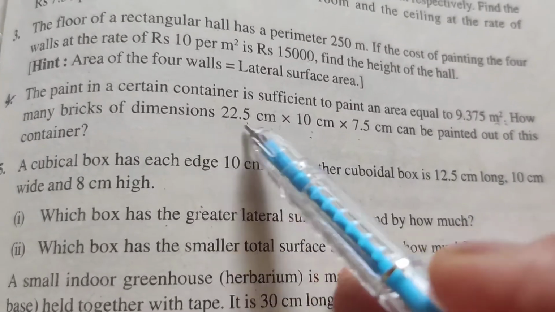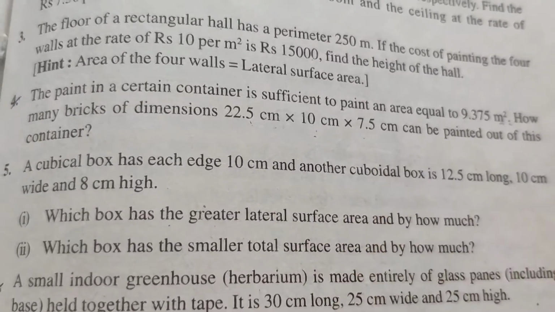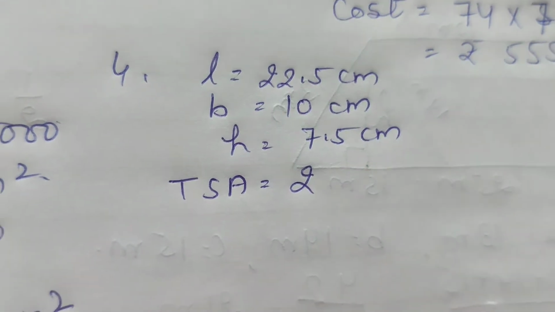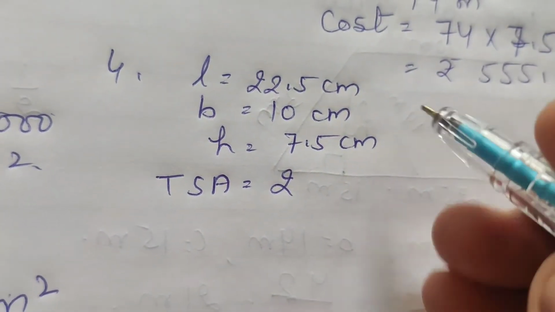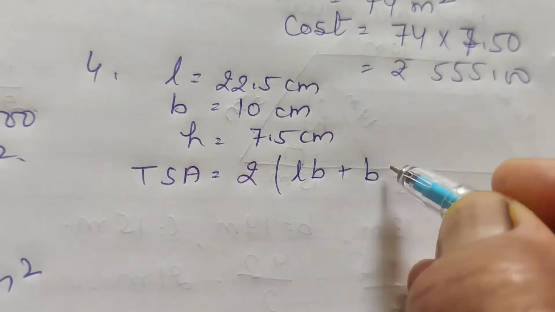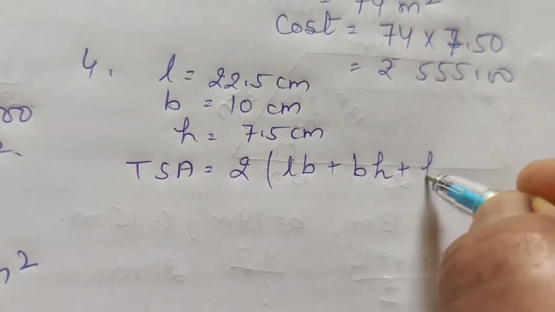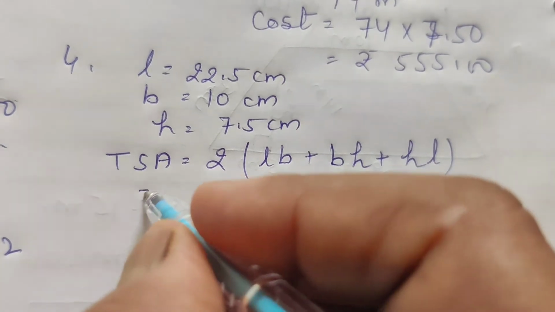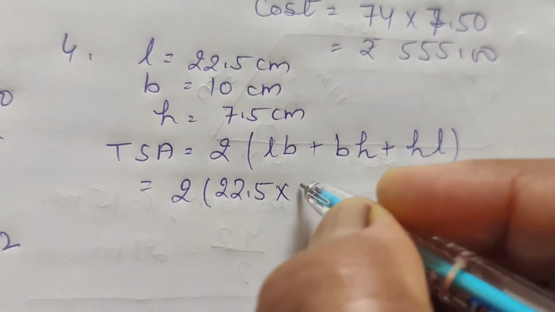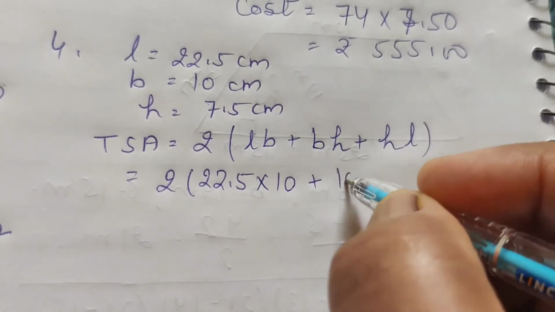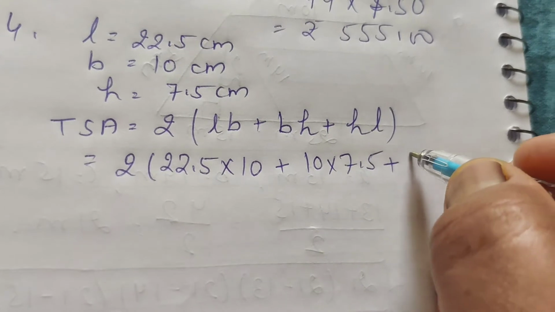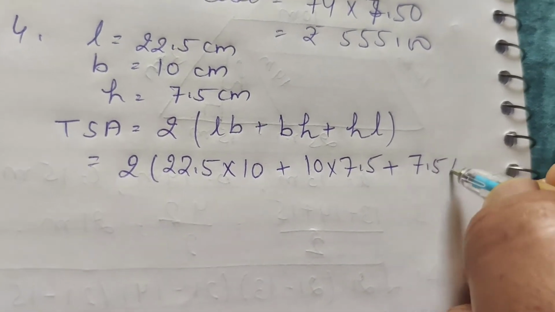We have to find the total surface area of one brick. Length is 22.5, breadth 10 and height 7.5. The formula of total surface area of a brick is 2 times (LB plus BH plus HL). Now put the values. L into B, it means 22.5 into 10, plus 10 into 7.5, plus 7.5 into 22.5.